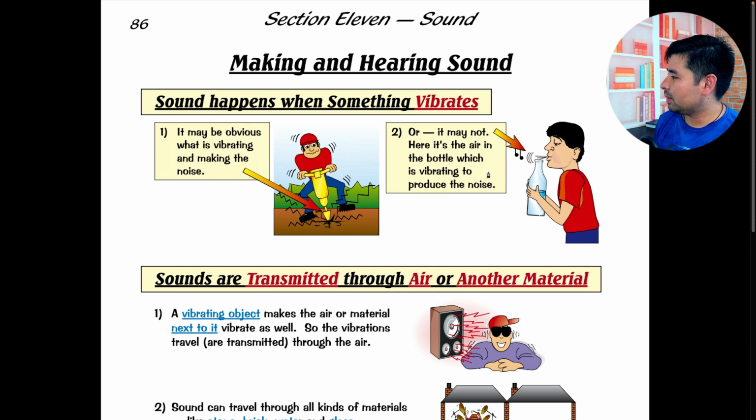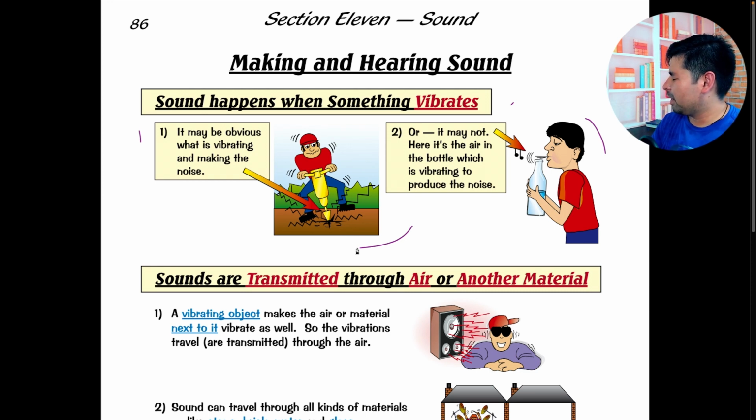Sound happens when something vibrates. If we have this vibration, of course something changed, right? Here we have number one and number two, and two pictures with some examples of vibration.